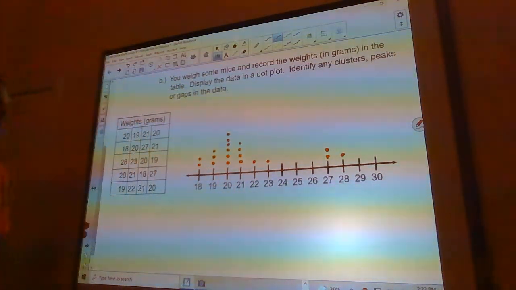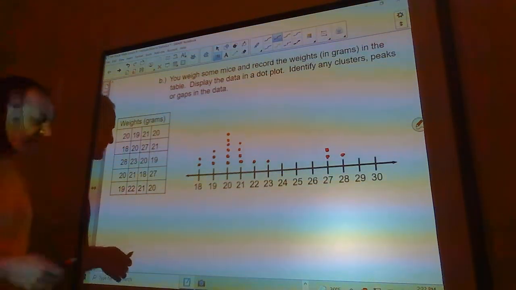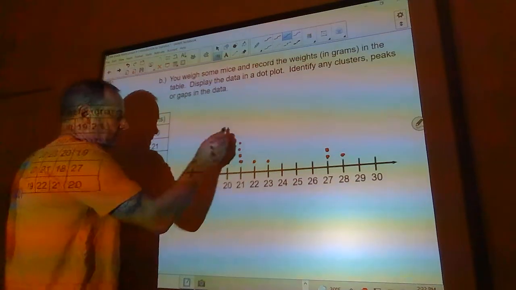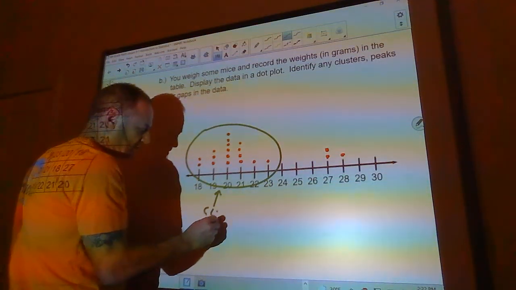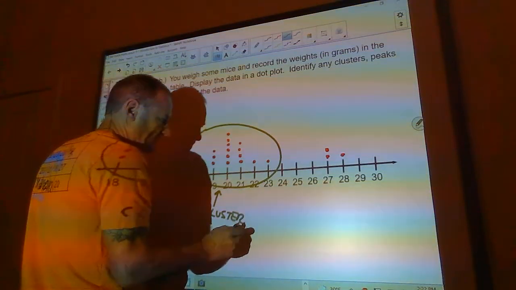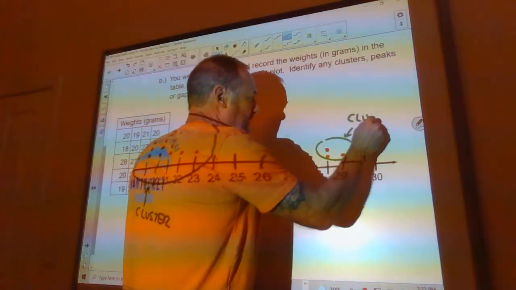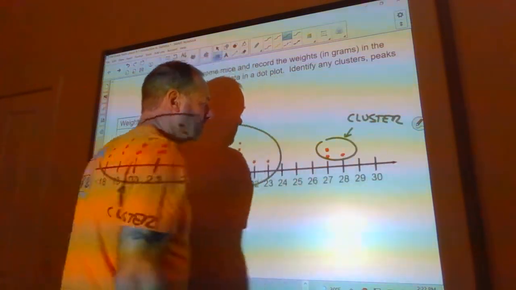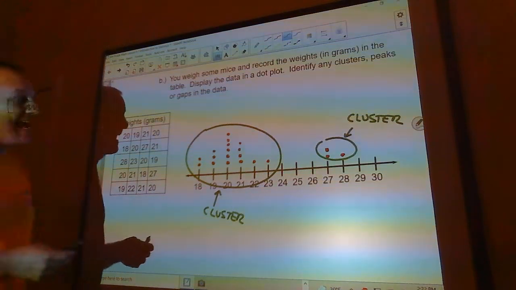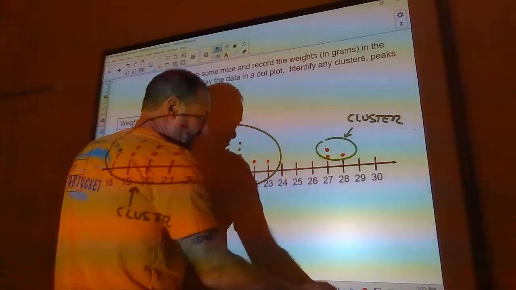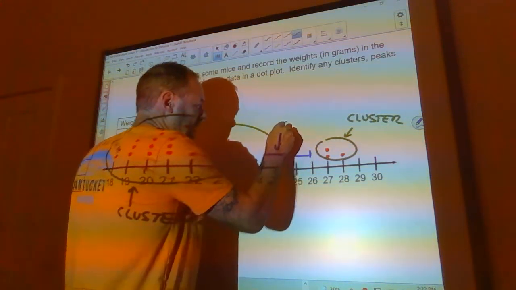Okay, so this is a dot plot right here. So you can look at this and say, well, I got a cluster right here. So there's one cluster. Then I've got a really small cluster over here. Okay, and I got a gap. Okay, so there's a gap between here and here.